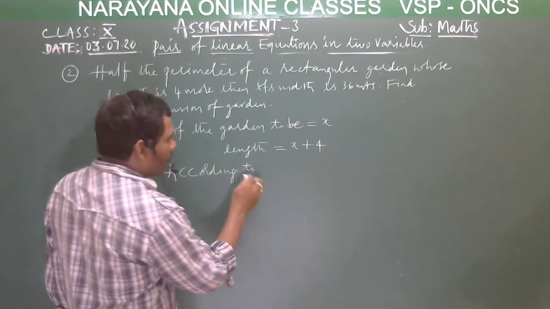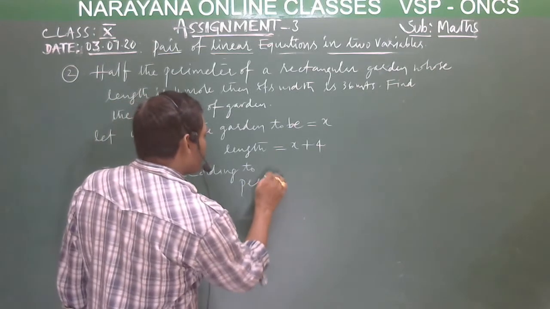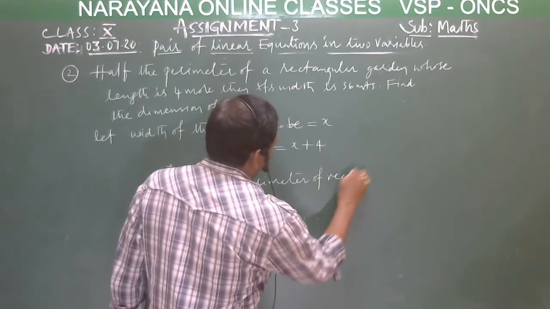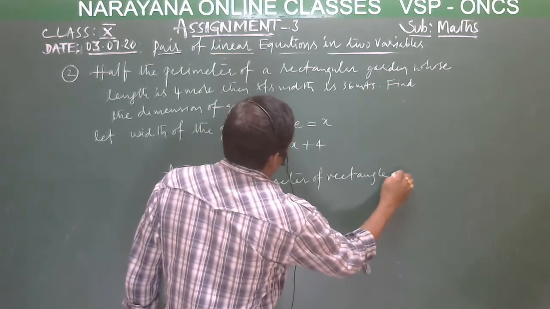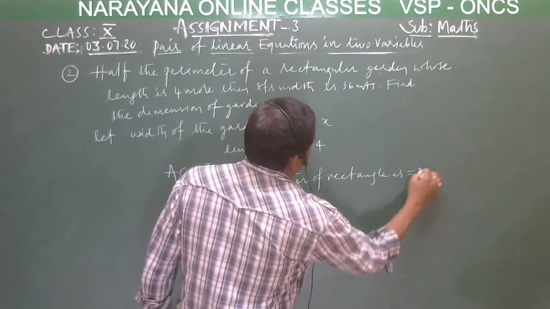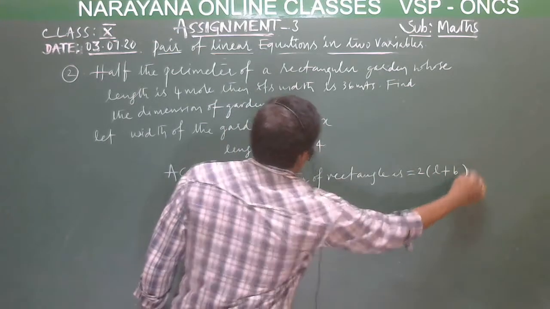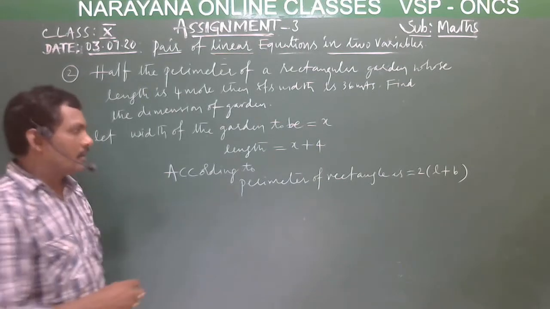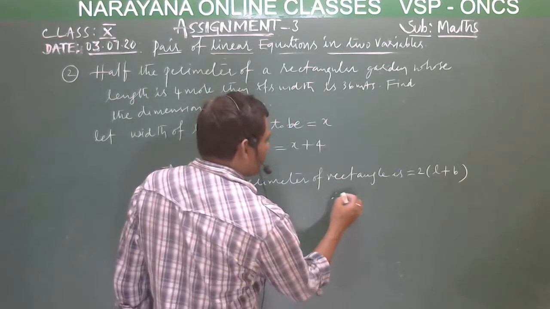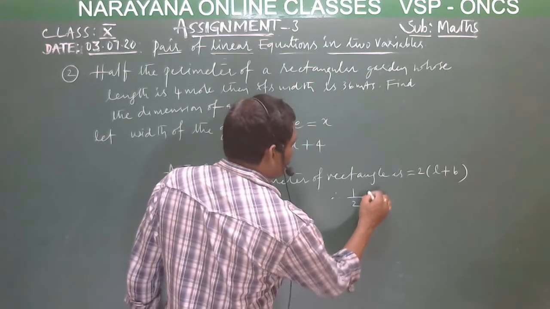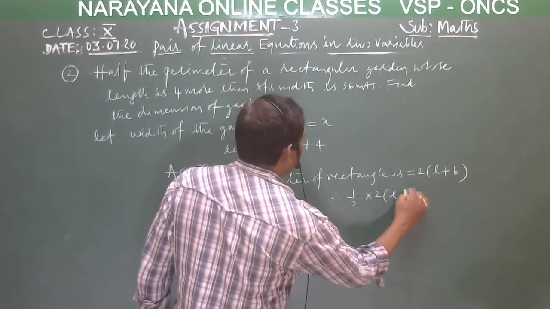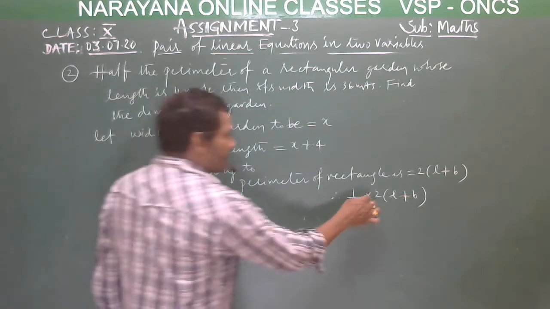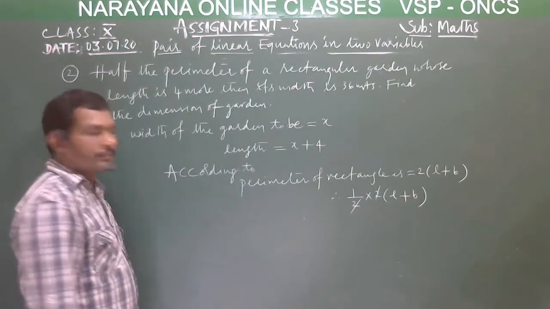According to the perimeter of a rectangle, it is 2 into L plus B. Now half of the perimeter means 1 by 2 into L plus B. So the 2s cancel.